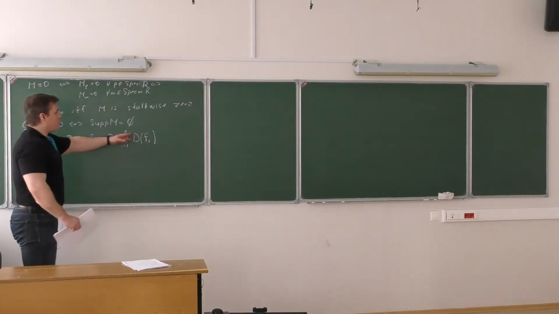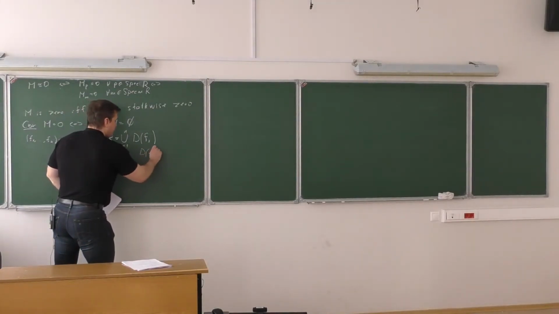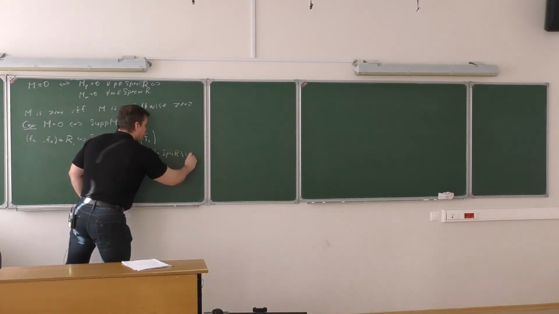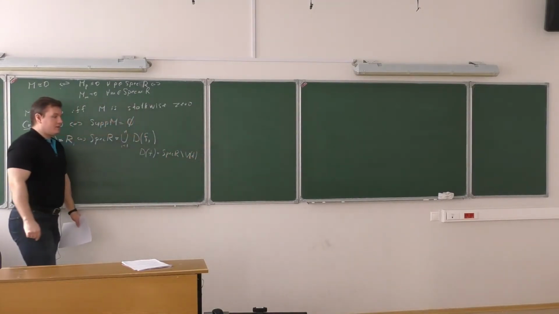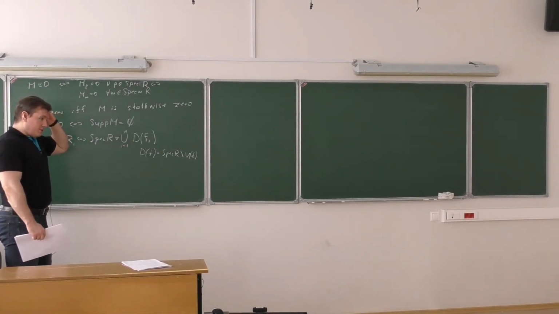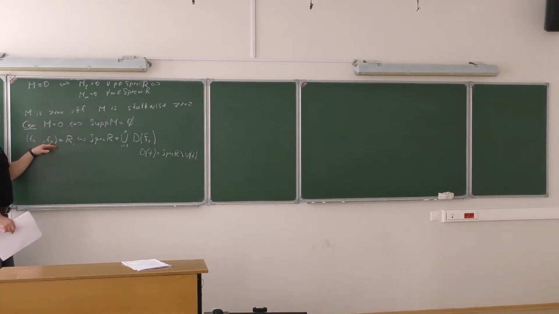That was the principal open subset associated with this element, and the definition is the following. If I want to understand D(f), I just need to take this spec and set that this element is not vanishing. So these are all open subsets, they are called principal open subsets, and we know that they form a base of the topology. But you can think about this also as an algebraic analog of the partition of unity.